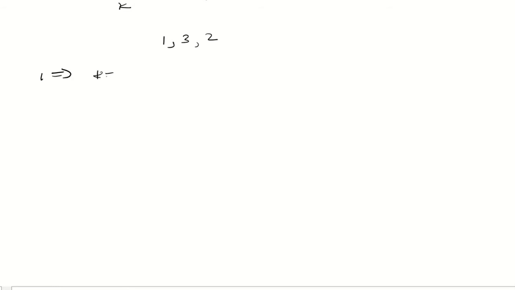We'll point k to n minus 1, and then we'll keep on decrementing k, that is k equals k minus 1, while a of k is greater than a of k plus 1.